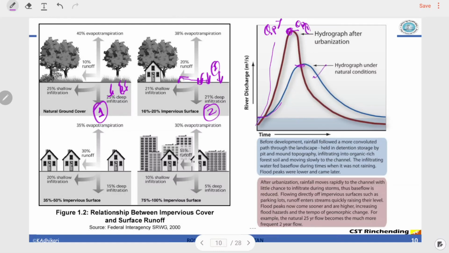In the first scenario, some portion of the rain is absorbed by the ground, so here the peak is going to be less. That is how we humans have modified our catchment, and that is the effect of the changes brought to the catchment on the runoff characteristics.